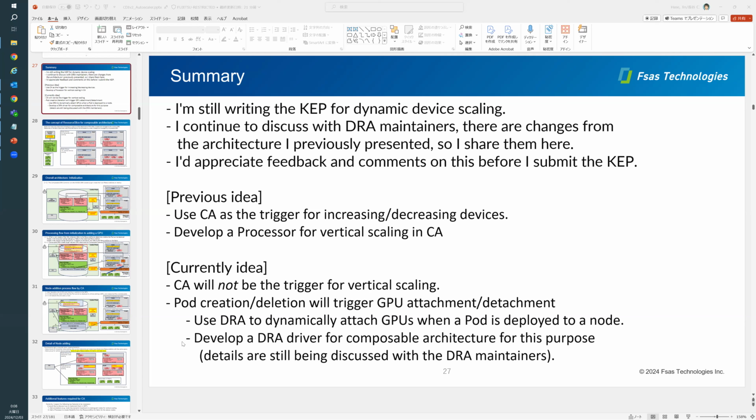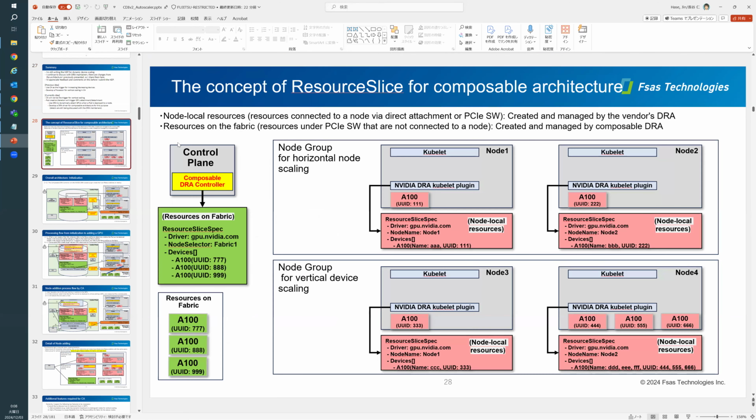And I plan to develop a DRA driver for composable architecture for this purpose. But details are still being discussed with DRA maintainers. This is a summary.